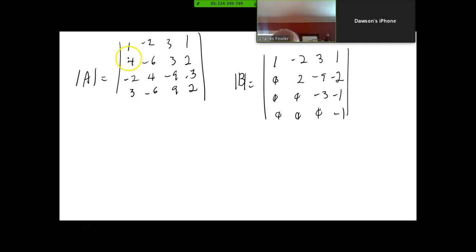But if you do -4 times row 1 and add it to row 2, you get a 0, 2, -9, -2. Sure enough, and it takes a little work to get there, but you would produce that. A simple row reduction, okay? Now, what enables us to do that?